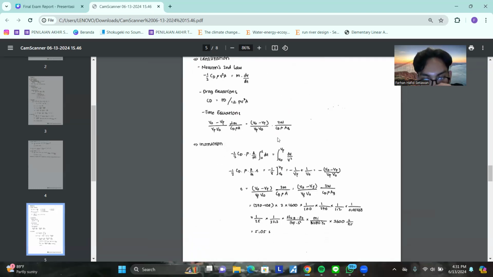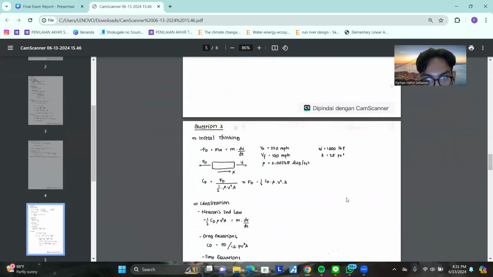So the t is equals to 270 minus 108 and 1 minus 100 times 2 times 1600 times 1 per 100 times 1 per 270 times 1 per 1.2 times 1 per 0.00238.